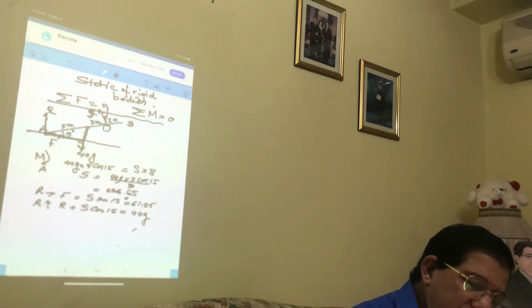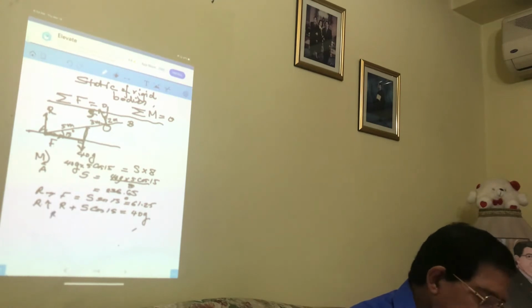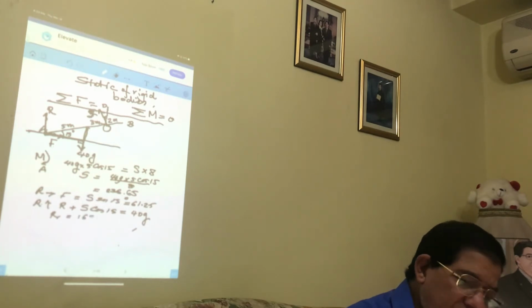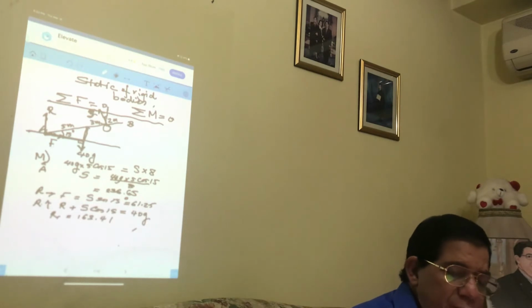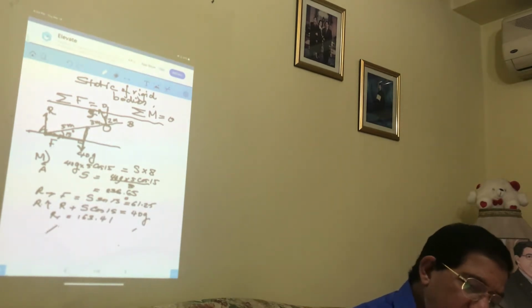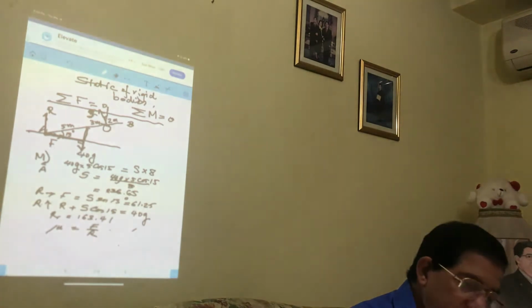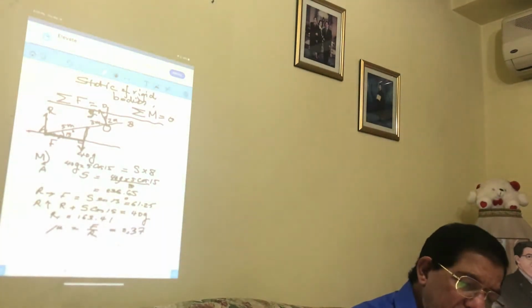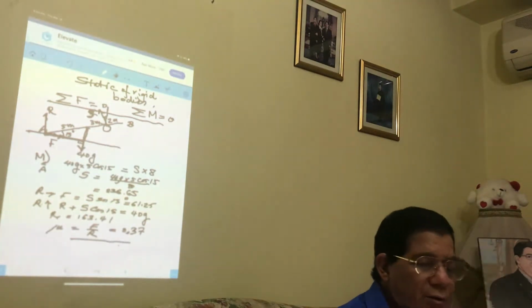From this equation, we got the value of R equal 163.41. Then we'll be asked to find the coefficient of friction, mu equals F over R. We calculate this, and it comes out 0.37.